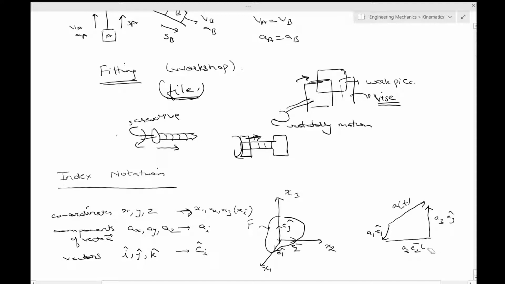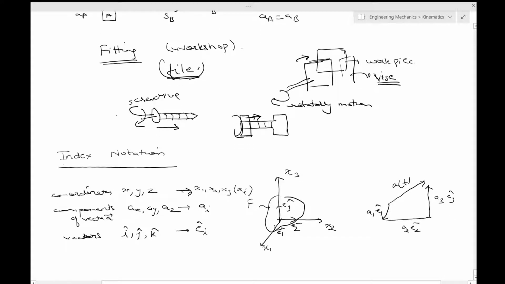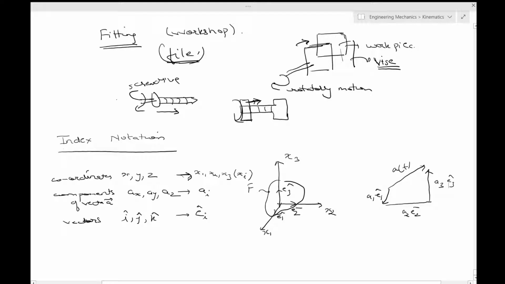Okay, I'll just remove this. So this is what the summation is. Just replace x, y, z by x1, x2, x3, ax by, let me just write it in full, a1, a2, a3 or ai, and similarly i hat, j hat and k hat as e1 hat, e2 hat, e3 hat. So this is the convention.